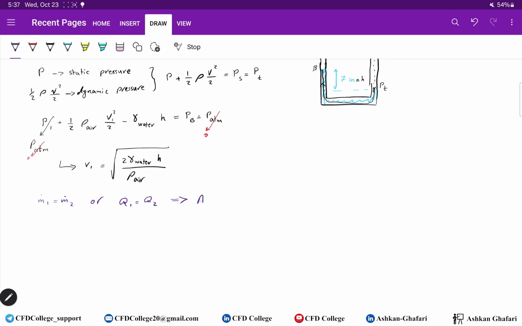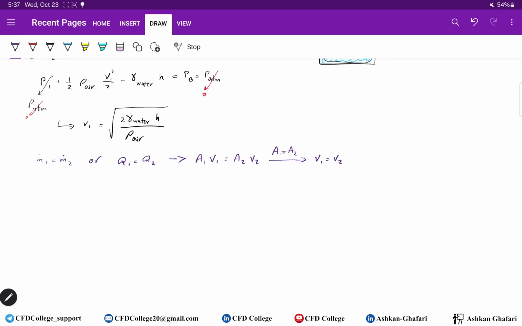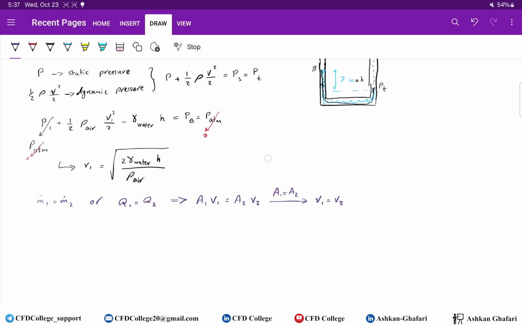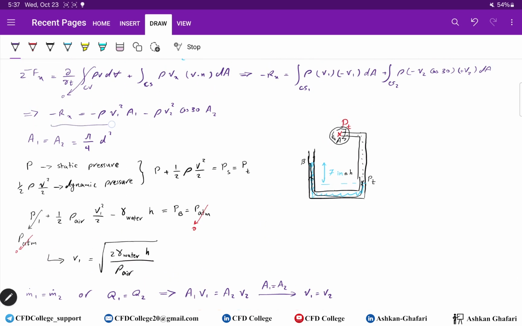So A1 V1 equals A2 V2, and since A1 equals A2, V1 equals V2. Okay, now we have velocity V. Now we can solve equation 1.